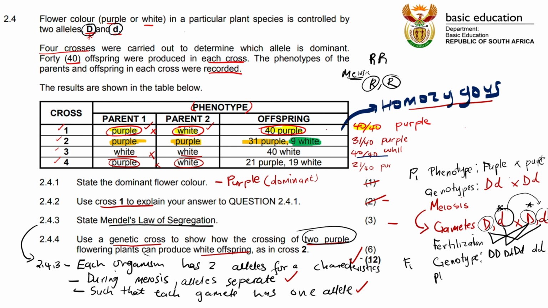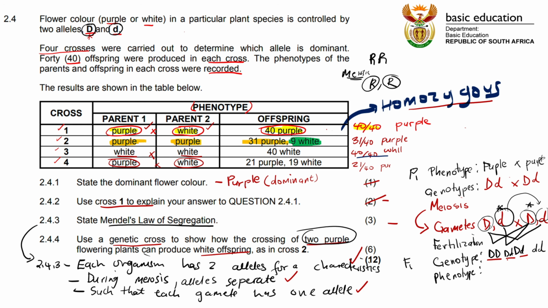And interpreting our phenotypes here, or our phenotypic ratio, because here they want to know how we are able to produce purple and white, whereas we've got only purple. You can see that the first offspring there, DD, will be purple because we've said purple is dominant. So we have got DD, and here we also have got Dd as well as Dd.